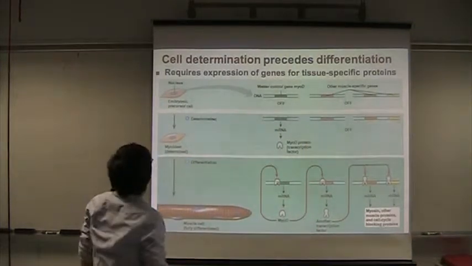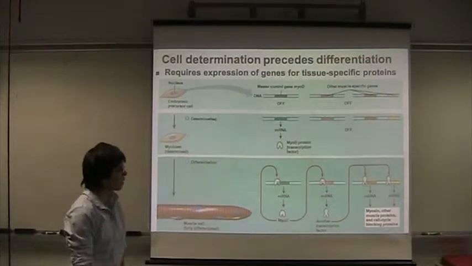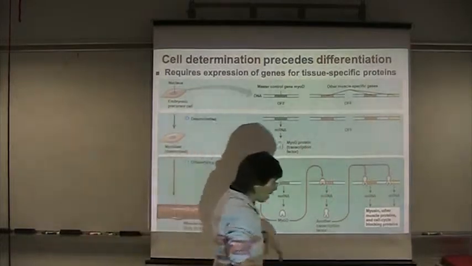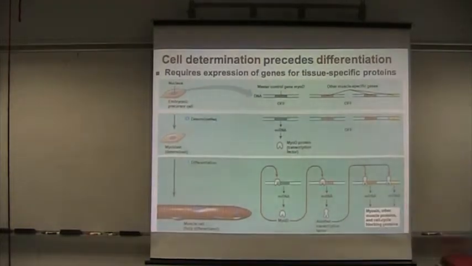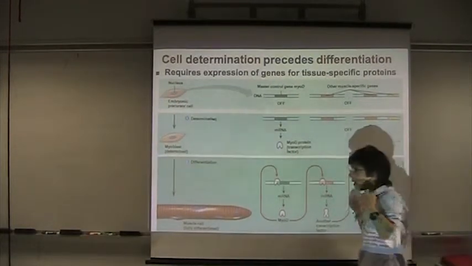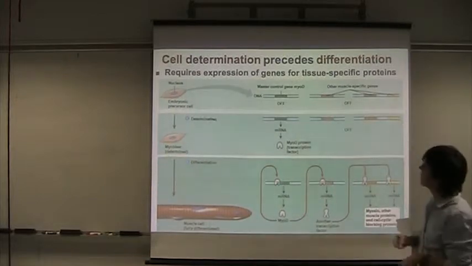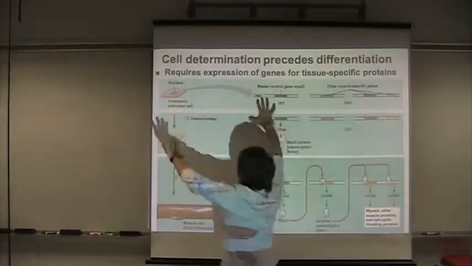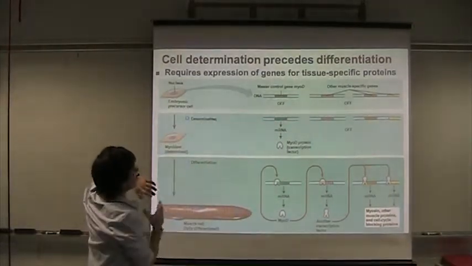So, here we go. I want to give you an example now of what we call master regulatory genes. This is, again, something fascinating. I'm going to start here. You have this picture and the whole explanation in the textbook.